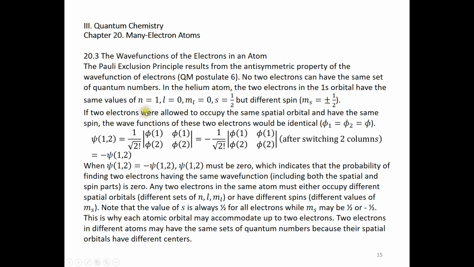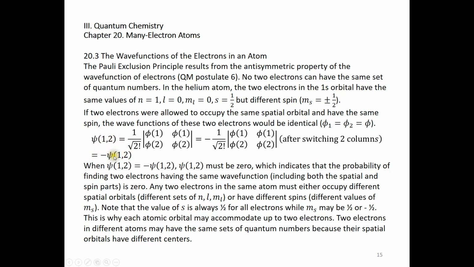And you can see the first column is exactly the same as the second column. Now I'm going to switch these two columns, and I need to switch the sign. So after I switch the two columns, it's actually the same. So the determinant is equal to negative this determinant. So what happens here is psi(1,2) turns out is equal to negative psi(1,2).